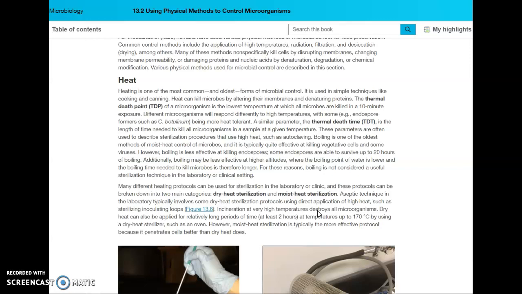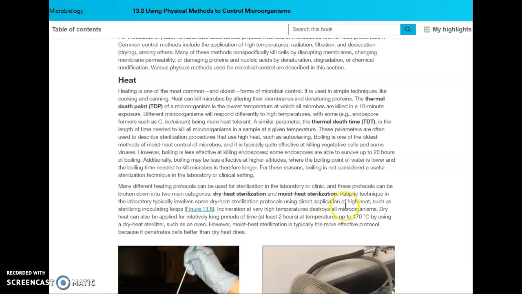The thermal death time is the length of time needed to kill all microbes at a given temperature. So if your temperature was 50 degrees Celsius, your thermal death time would be how long the microbes have to be exposed to that 50 degrees Celsius temperature for them to all die.